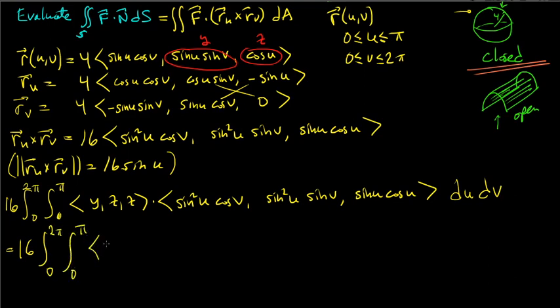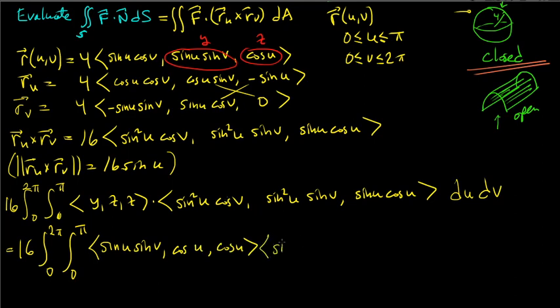Okay, so now y is cosine of u. Z is, oh no, I'm getting it backwards. Right, y is sine u times sine v. Z is just cosine of u, so this is also cosine of u. Then, can I just copy this down again?